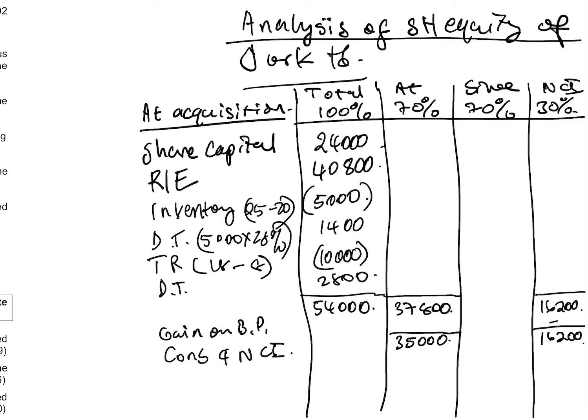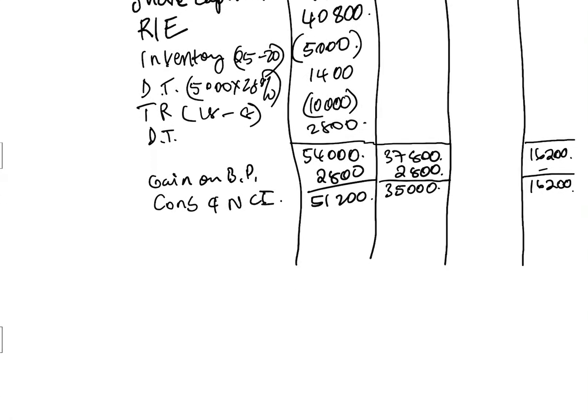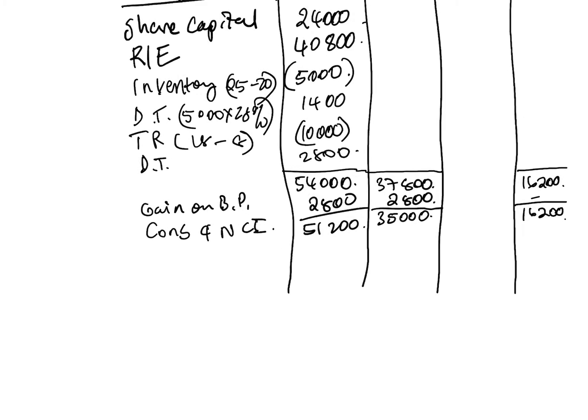So the difference here is going to be 2,800. So you get 2.8 there. Total will be 51,200. Right, so after that, we are going to look at since acquisition to beginning of year.